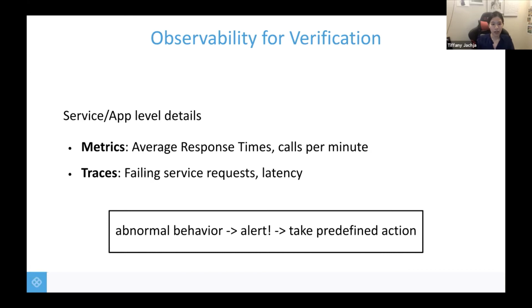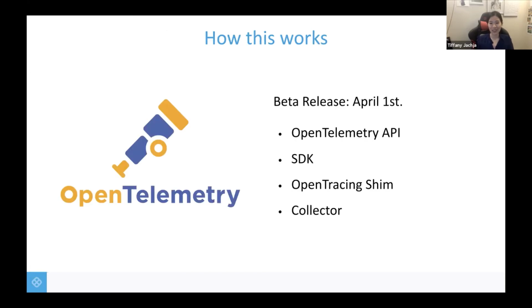And so the way that this really comes together is through OpenTelemetry, an open source project that was announced last year. It beta released last week. They include certain components to help standardize this across organizations.